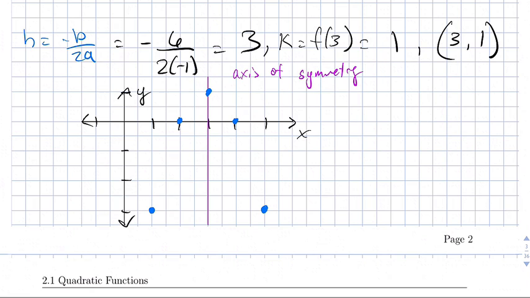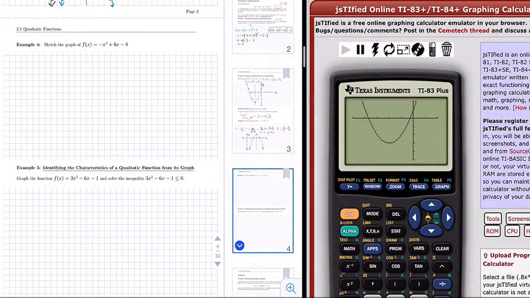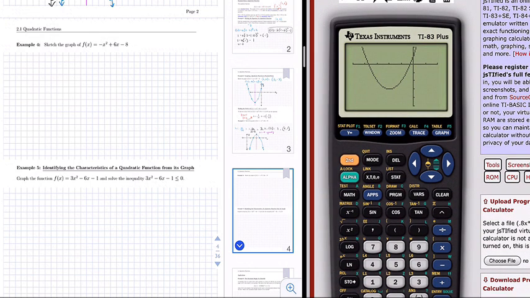Okay. So then if we connect these with a smooth curve, something like that, and like that. Anyway, we get a graph that looks like this, and I'm going to do a quick confirmation. I want to check it here in my calculator.